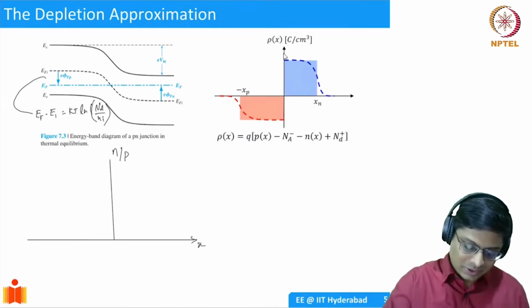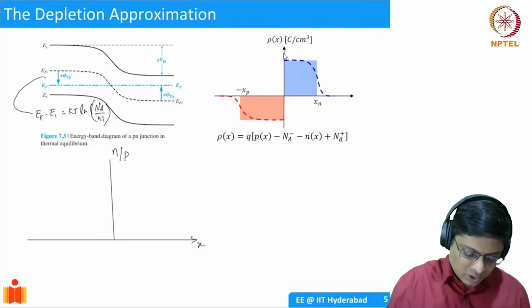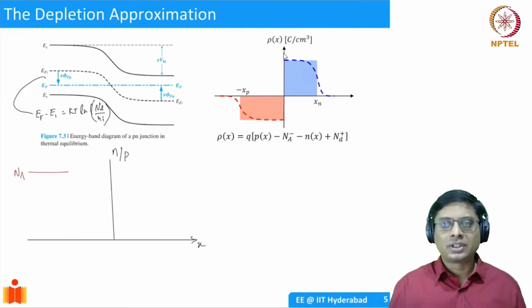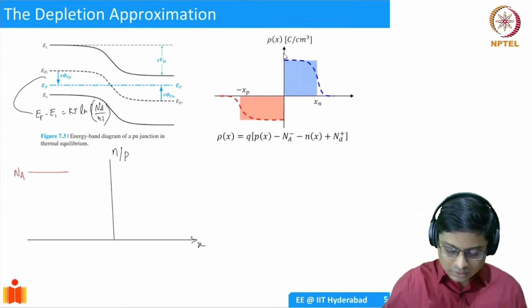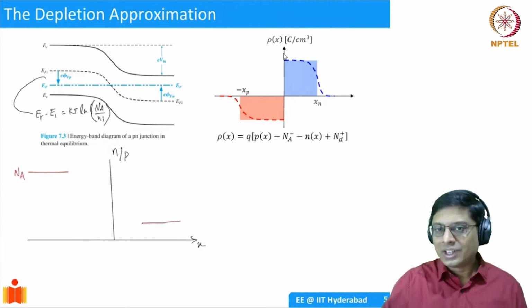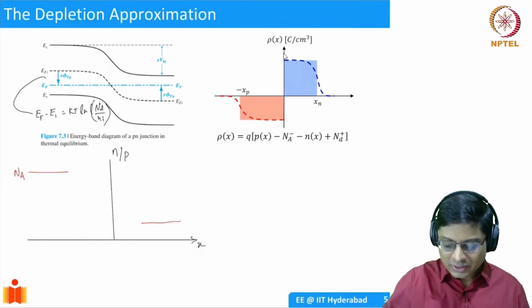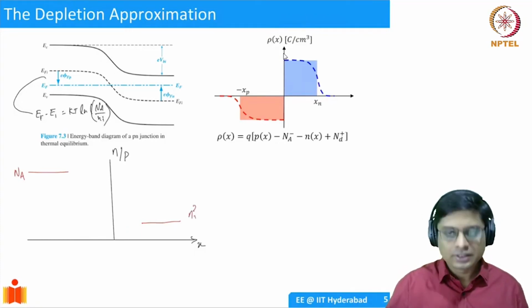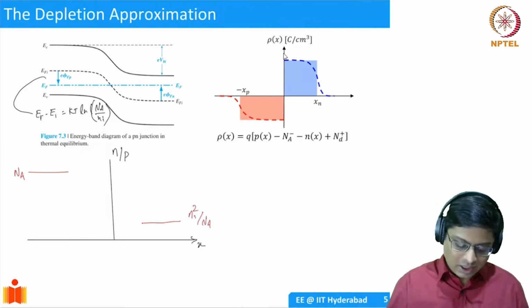Let's start far away from the junction. This is simply going to be Na, the number of dopants in the p-type region. On the other side, is it Nd? Well, Nd is the donor atom, so that gives the electron concentration. The hole concentration is going to be ni squared divided by Na. How are they connected?